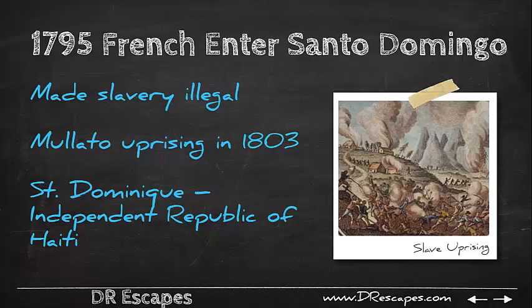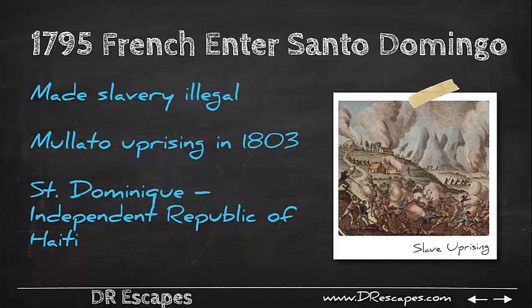In about 1795, the French arrived on the island. Of course, the French eventually went on to take over Haiti, but in 1795 they arrived, and by 1801 Louverture arrived in Santo Domingo, proclaiming the abolishment of slavery on behalf of the French Republic.